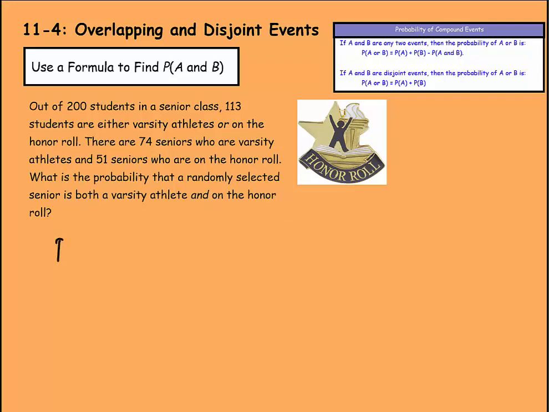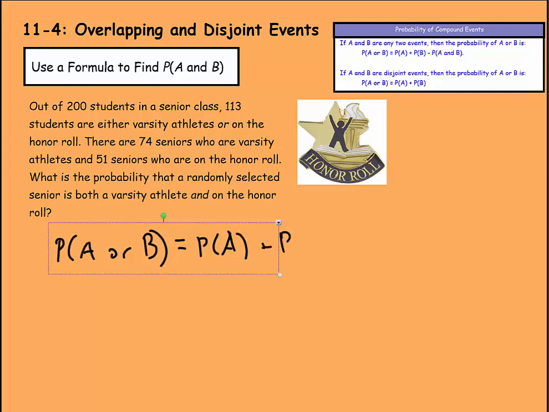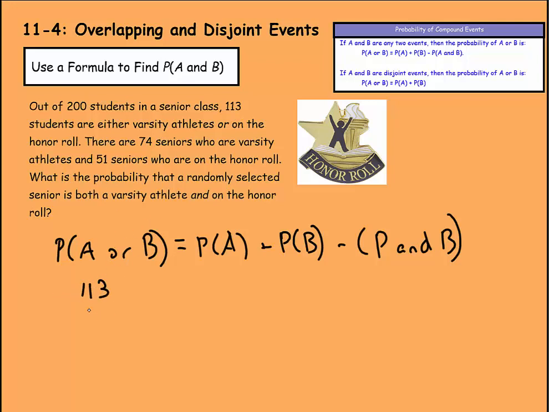We have the probability of A or B equals the probability of A plus the probability of B minus the probability of A and B. Well, we see that 113 are either a varsity athlete or on the honor roll, so that's what this would be. So we'd have 113 out of how many students? 200.